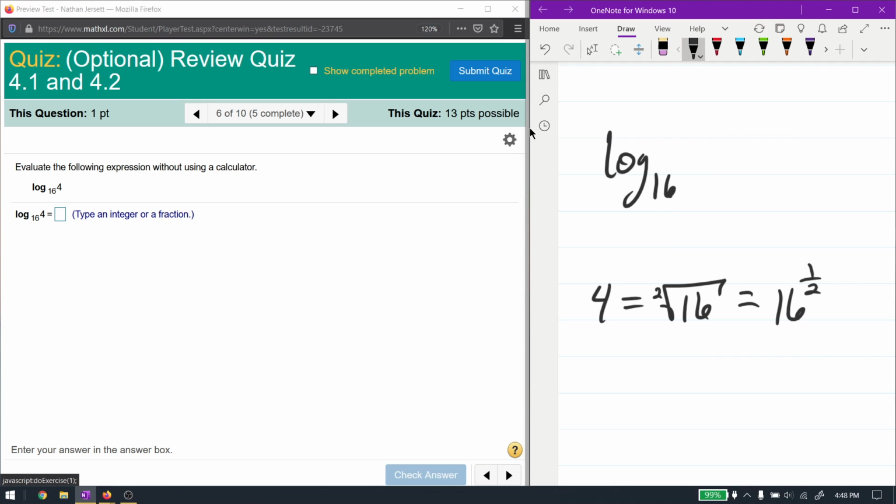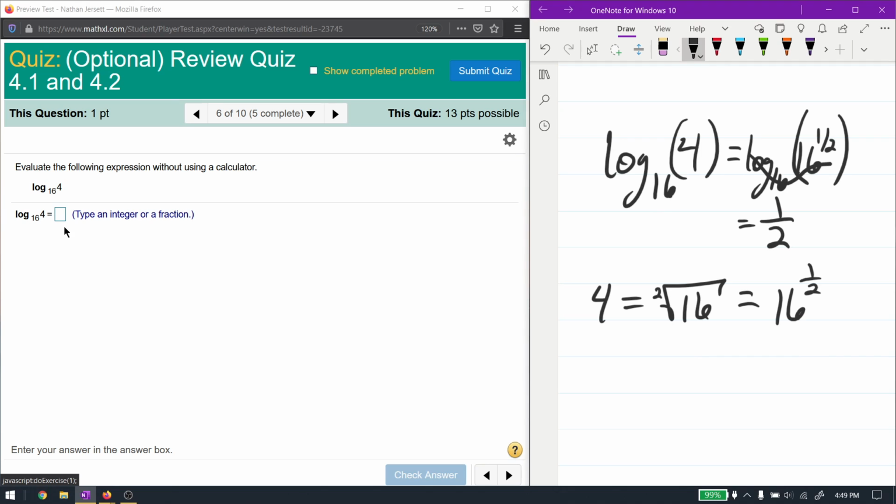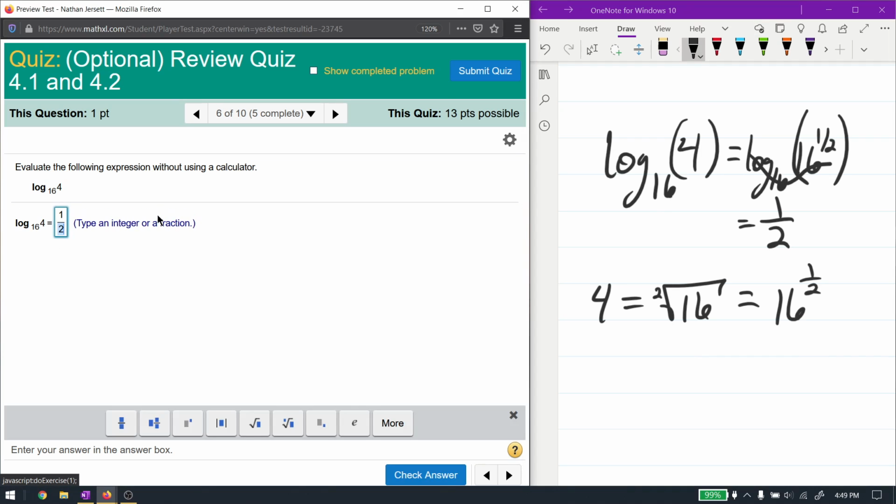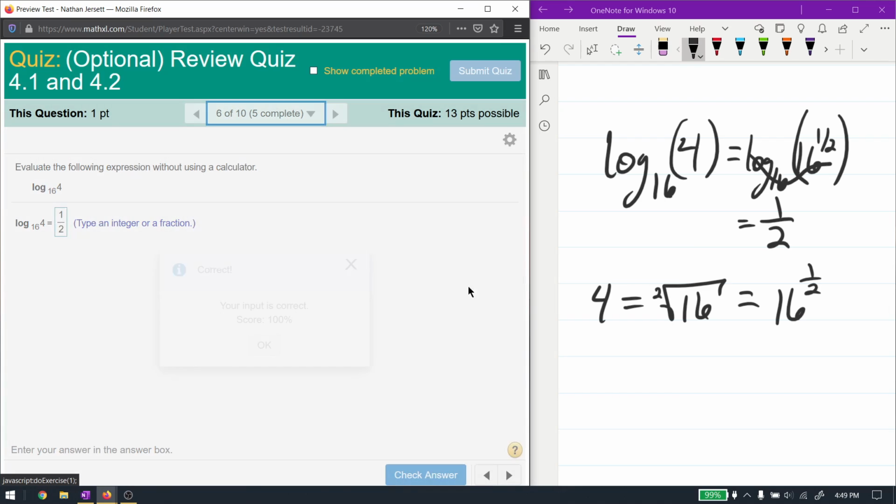Log base 16 of 4 is the same thing as log base 16 of 16 to the 1/2, right? 16 to the 1/2 is the same thing as 4. And now you see I have log base 16 of 16. They cancel, and that gives me 1/2. So I get 1/2 right there. Correct?